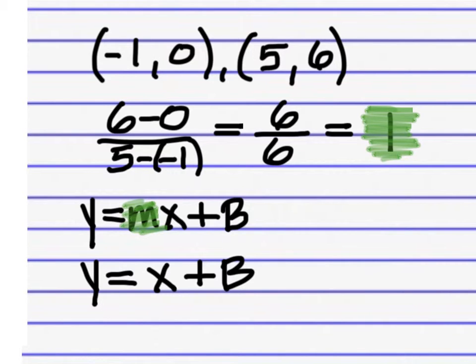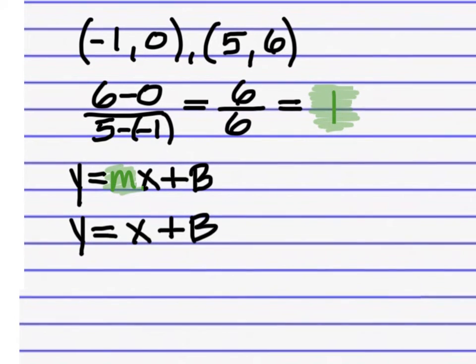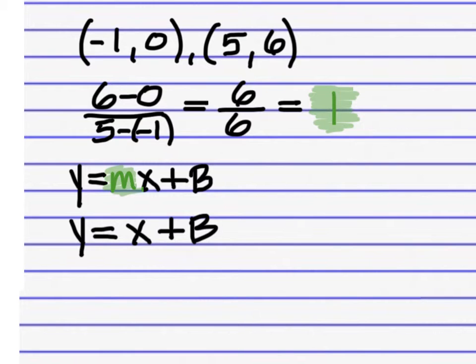What do I do next? Yeah, put negative 1, 0 from up here into this equation for x and y. So what goes in for y? 0.